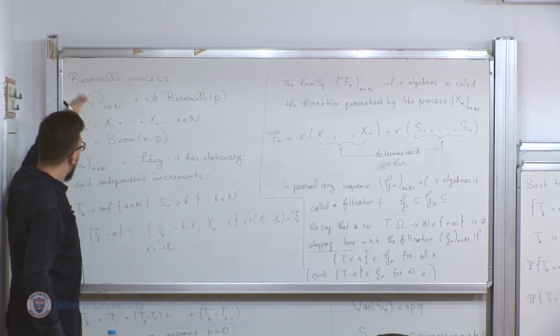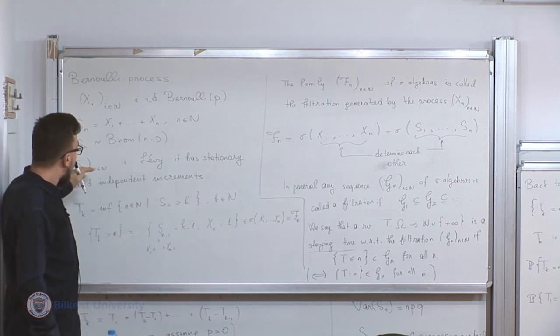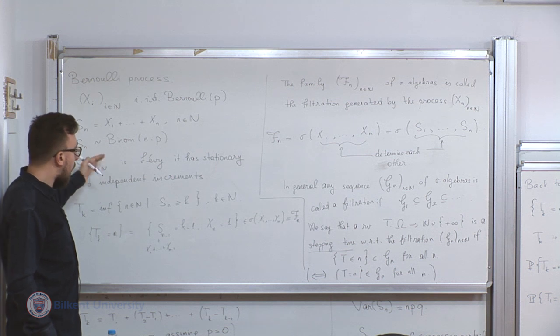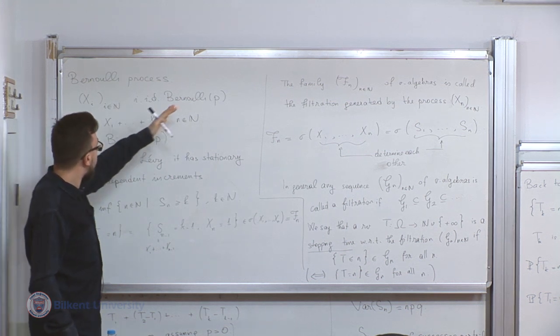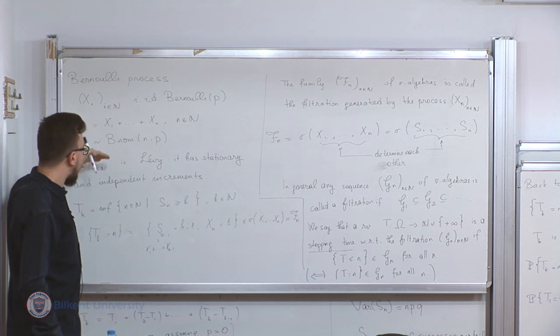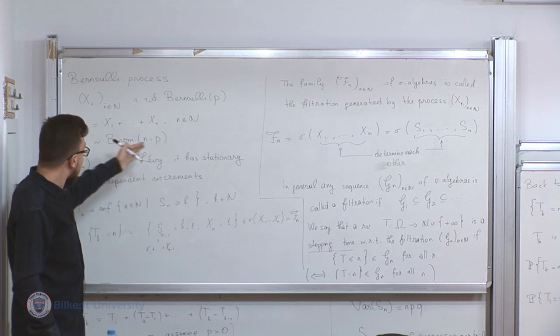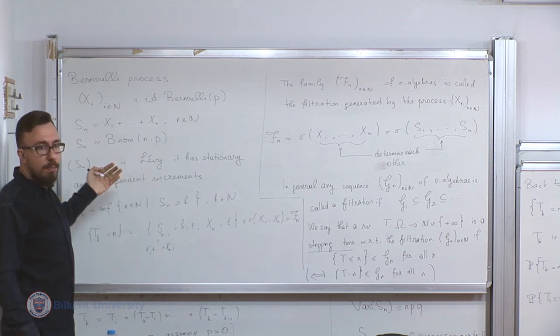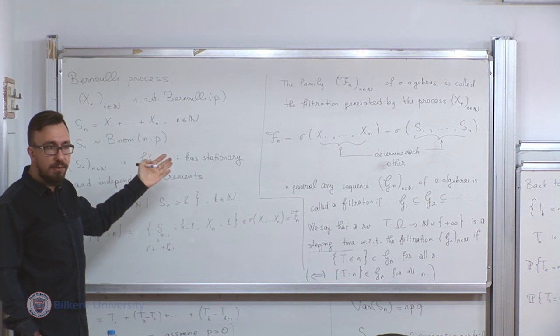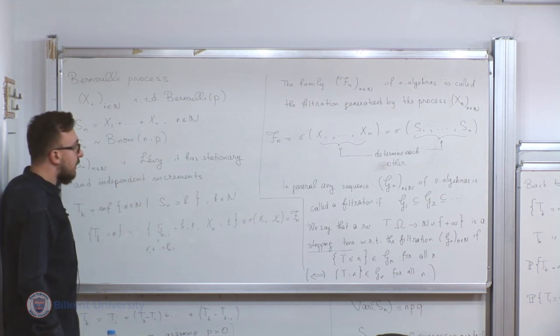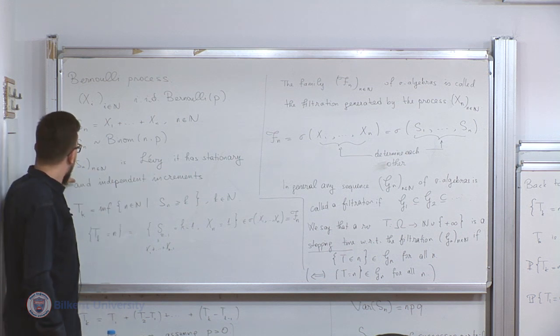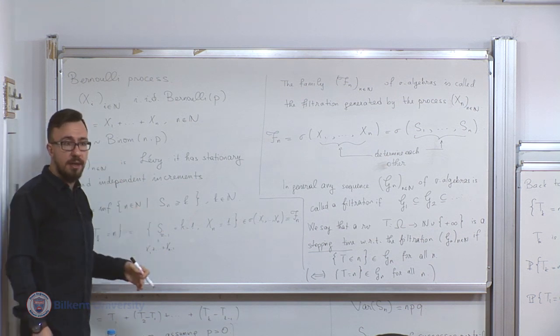What is also nice about this process, Sn, is that if you take limits of this process properly by playing with the success probability and let n go to infinity, you can get a convergence to a Poisson process, and you can also get convergence to Brownian motion if you take two different types of limits. So if you have a family of such processes, you can use them to construct those Poisson and Wiener processes.